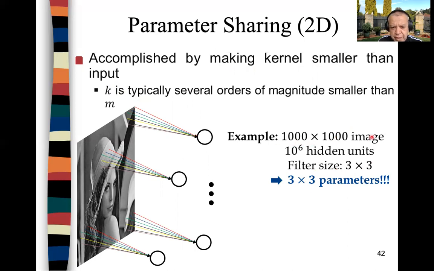If you have, again, a 1000 by 1000 image, 1000 pixels by 1000 pixels, and you have 10 to the power 6 hidden units, and you have a filter of size 3 by 3, this would allow you to get only 9 parameters here. And this is much cheaper compared to the previous case.